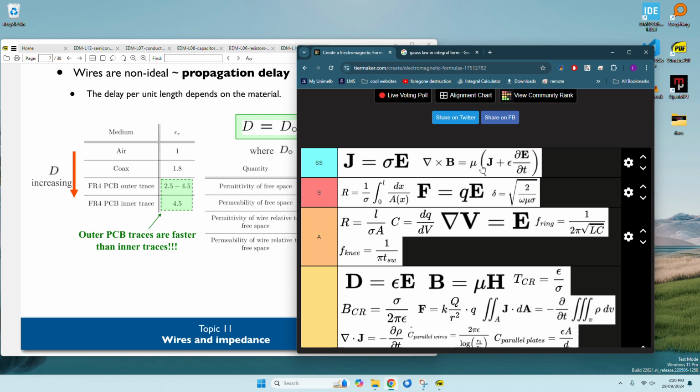Current induces a magnetic field and vice versa. But also this bit here, which is the displacement current. The reason it's added on is because there's obviously no current in a capacitor, but it still has a magnetic field around it, but only when it's changing.